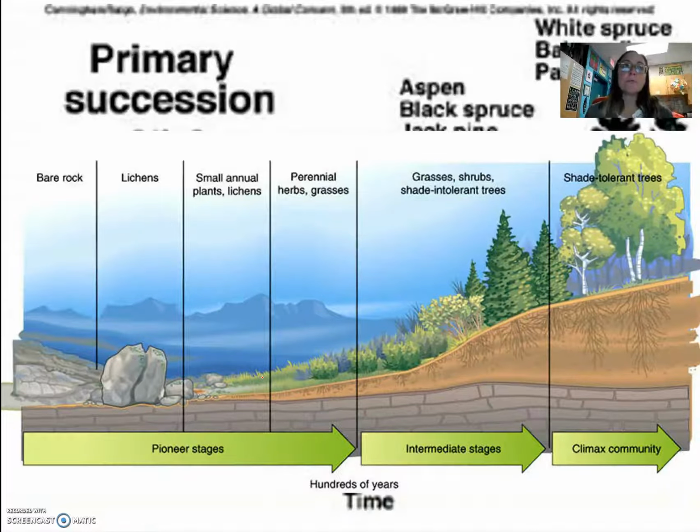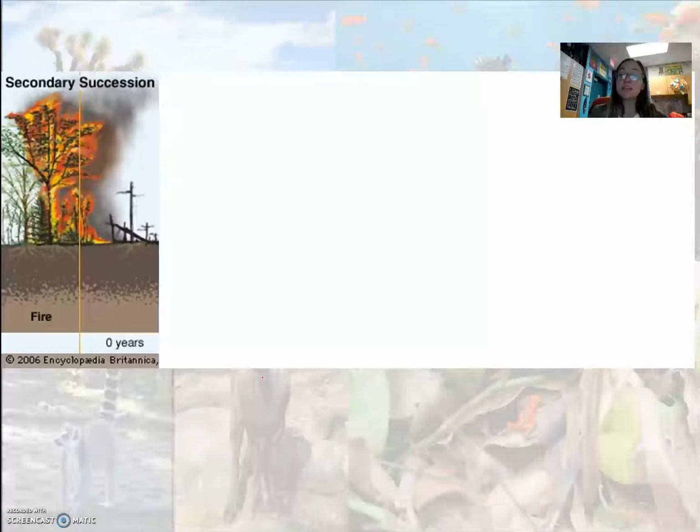And the important part with succession is not just that it's predictable changes in the community structure, but that as the plant species change, the animals that can be supported in that area also change. And this takes hundreds of years if it's starting out after a forest fire.